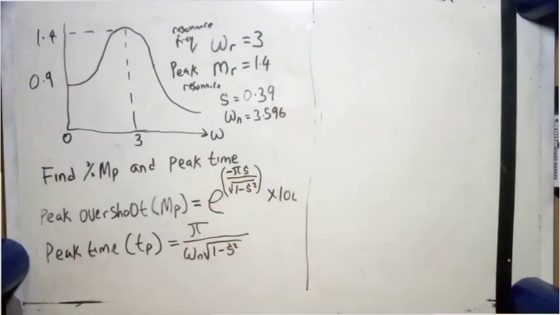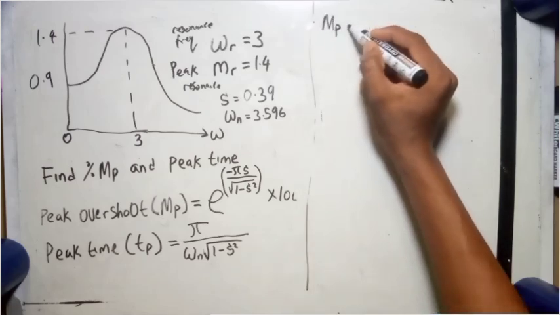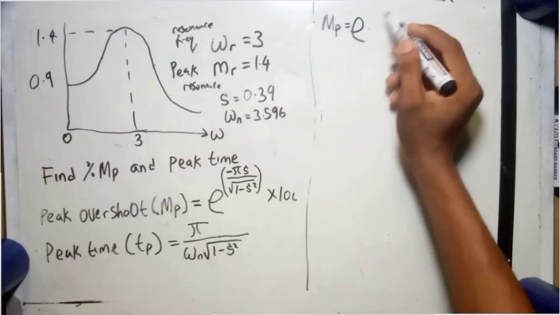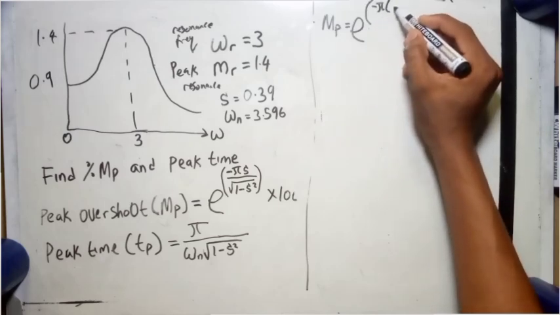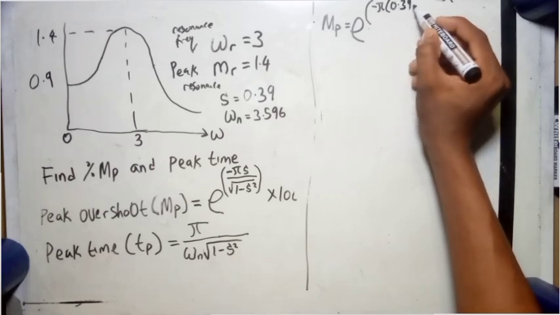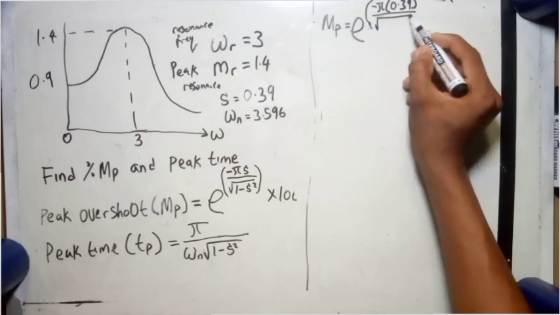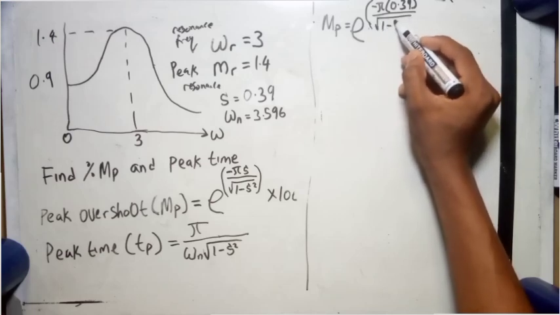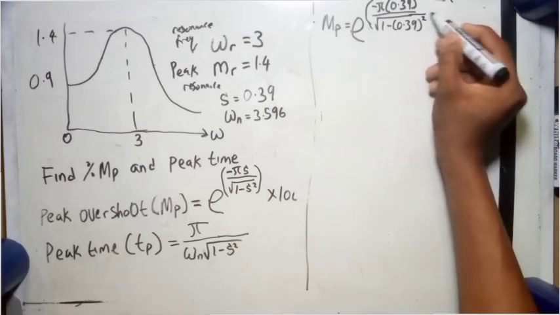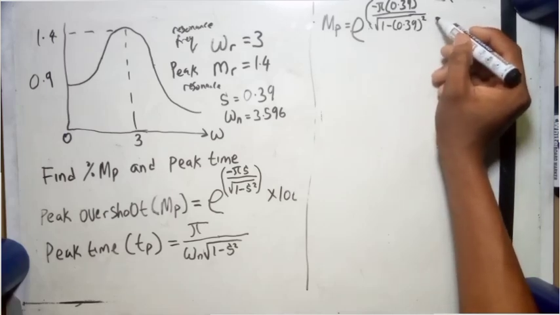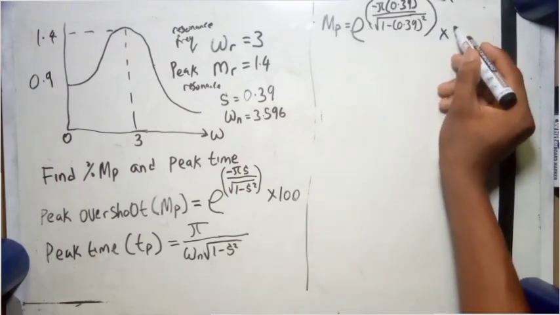Now let us solve. For our peak overshoot, we have that MP is equal to exponential of minus pi times our zeta, this time 0.39, over the root of 1 minus 0.39 square, all multiplied by 100.